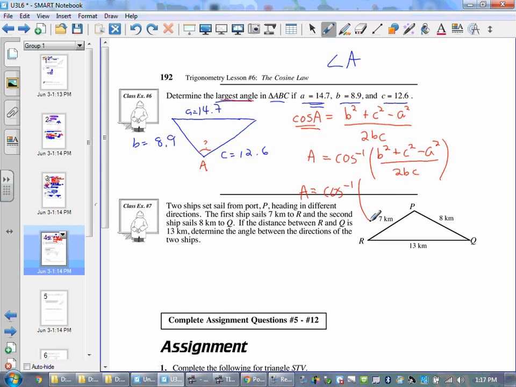All right, so 8.9 squared plus 12.6 squared minus 14.7 squared all over 2 times 8.9 times 12.6.